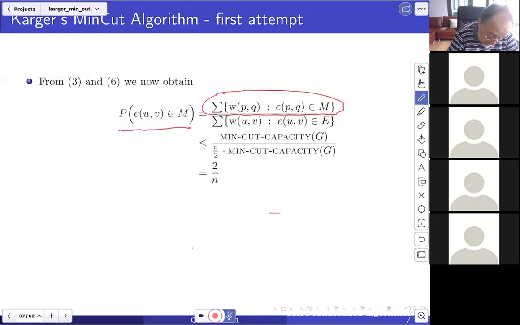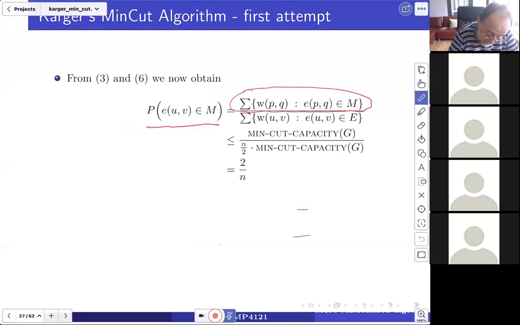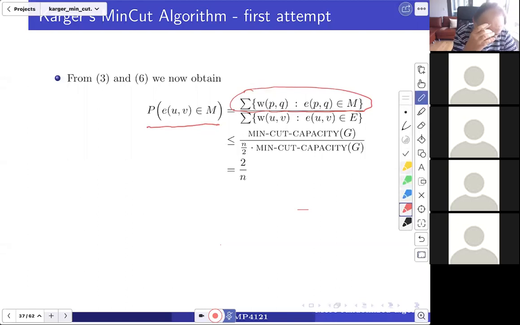So we are replacing the bottom with n over 2 times the min cut capacity of G. And now I can cancel out the min cut capacity of G on top and the min cut capacity on the bottom, and get 2 over n, as we claimed.